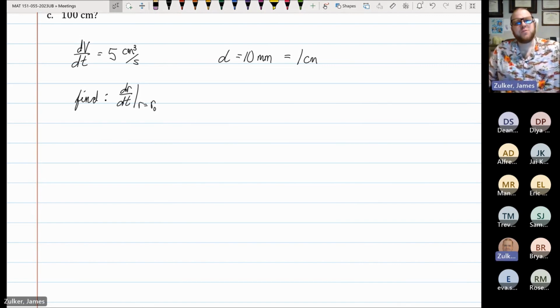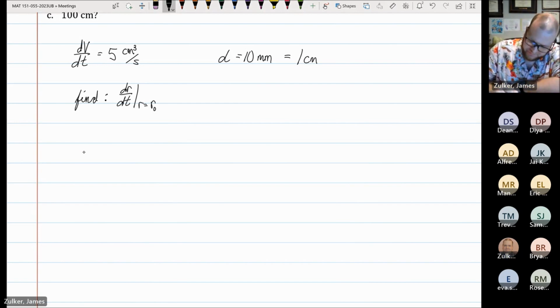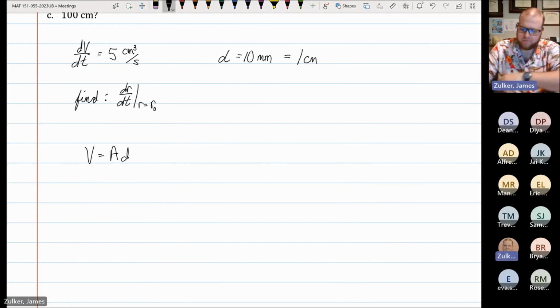One of the formulas you should have learned from geometry: volume is equal to a cross-sectional area times the depth or the height.